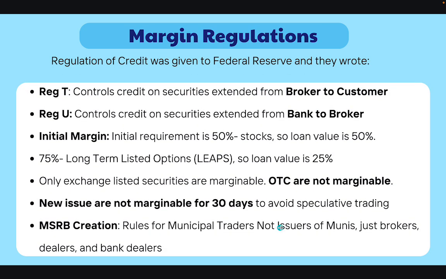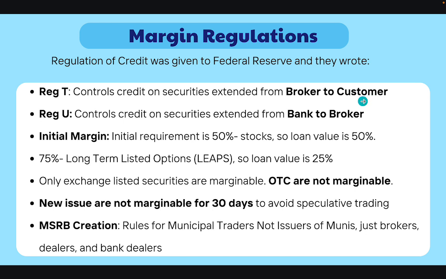Margin regulations. Regulation of credit was given to the Federal Reserve. Reg T controls the credit on securities extended from broker to customer. Broker to customer, and customer has a T in it.